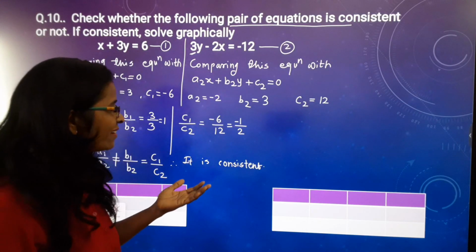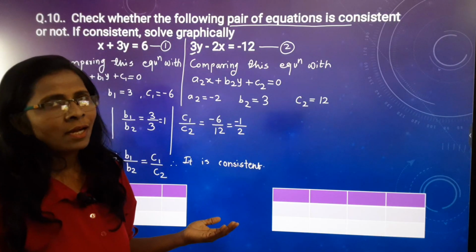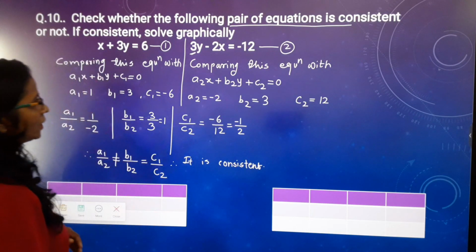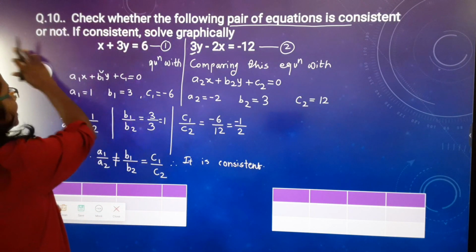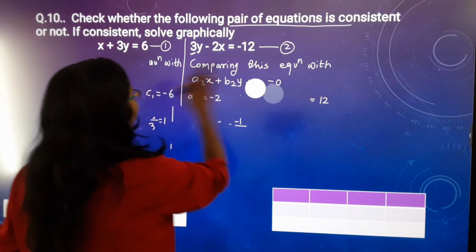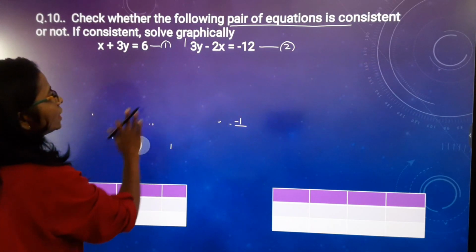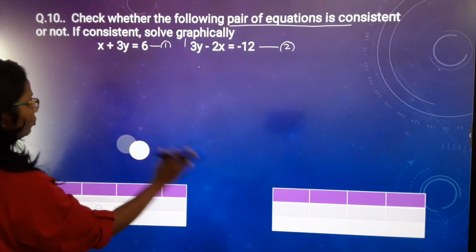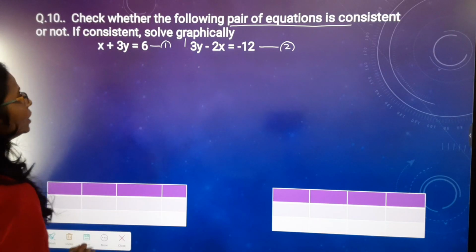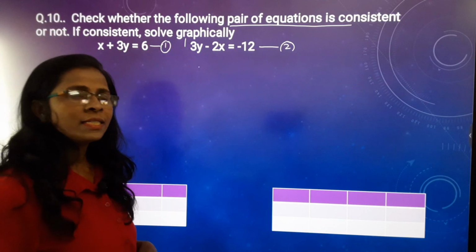Okay, so let us start. The graphical method is applied here. So let us see that. First we find out the coordinates of x and y.